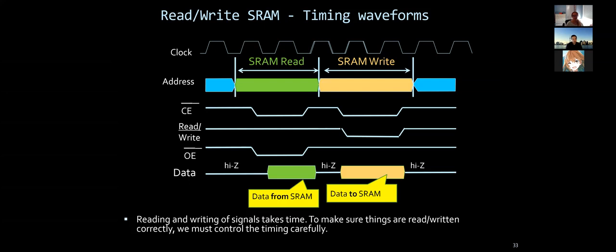Reading and writing of signals takes time. To make sure things are read or written correctly, we must control the timing carefully. That also goes back to frequencies. Remember, when we thought about CPUs and ALUs, they operate at a certain frequency of their waveform.